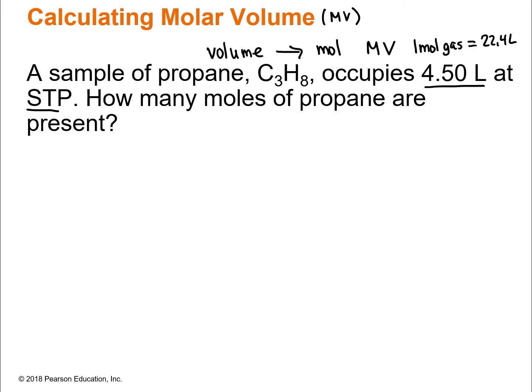The way we set this problem up is we take our volume and we use the molar volume to write a unit factor to convert. Now we've got liters here, and we're saying 1 mole of gas is equal to 22.4 liters. If that's my unit equation, what's my unit factor going to be? What am I going to put in these parentheses?